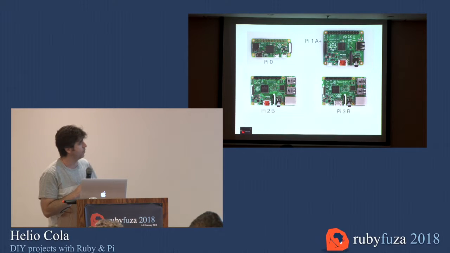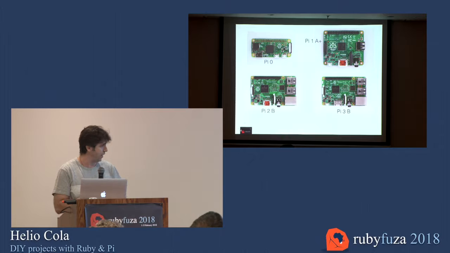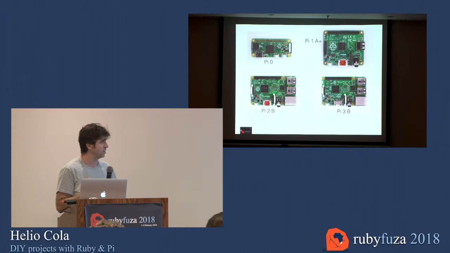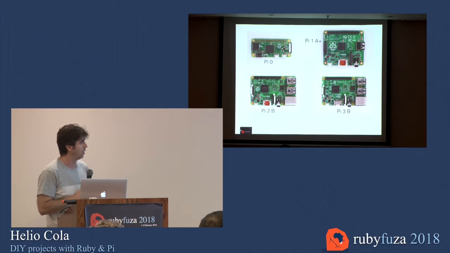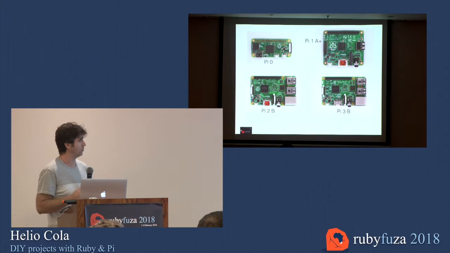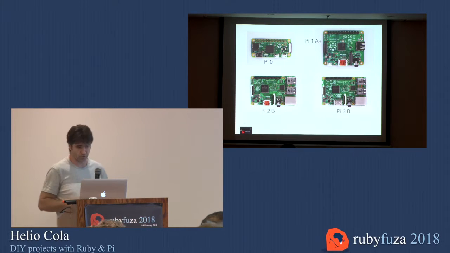The Pi 0, A+, Pi 2B, and 3B. The one I've used in my first project was the Pi 3B. It's the easiest one for you to start with because it has USB connectors directly, and you can plug your monitor, keyboard, and mouse in, unlike the Pi Zeros.